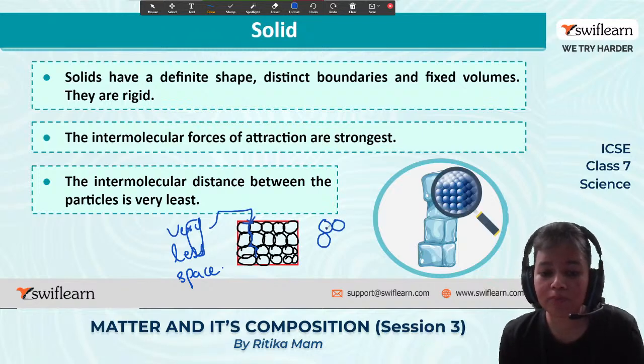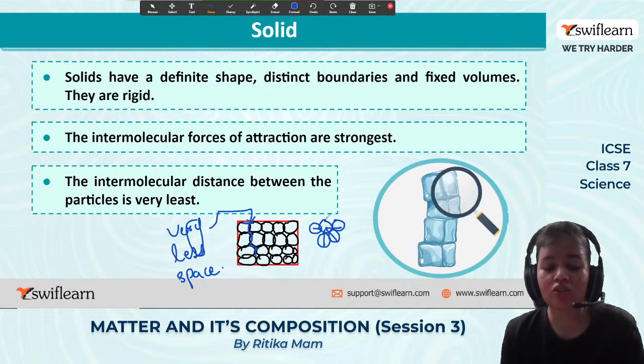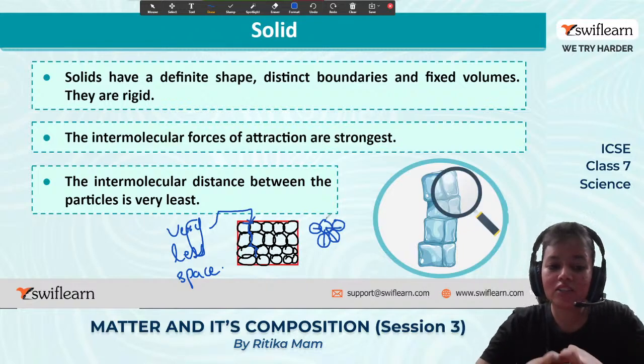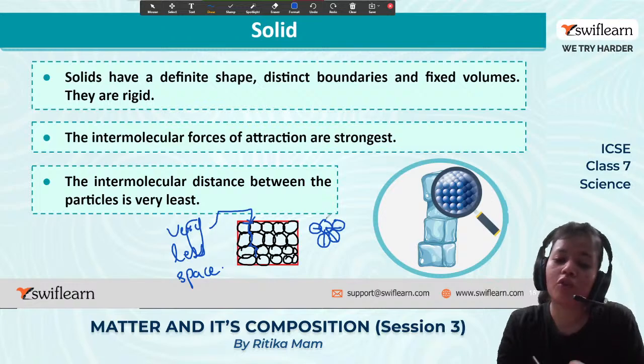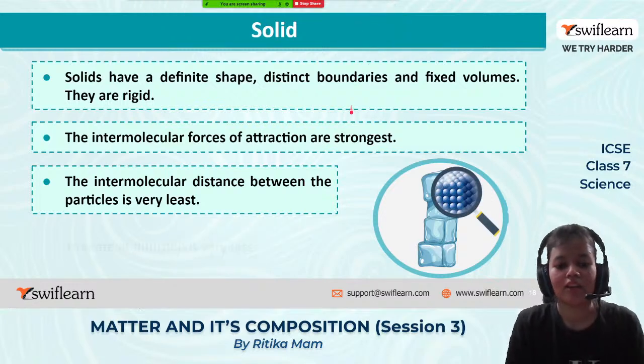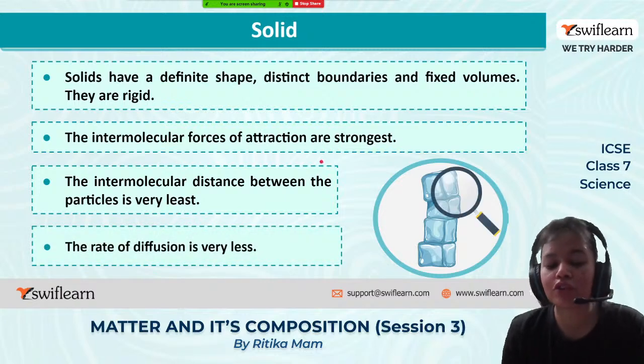So this particular molecule will exert force on this one, this one, this one, this one. So it will hold itself together. That is why the intermolecular force is greatest. Now the rate of diffusion is very less.